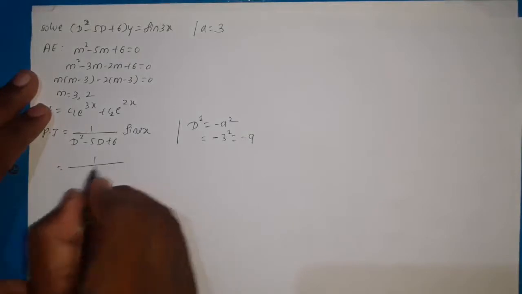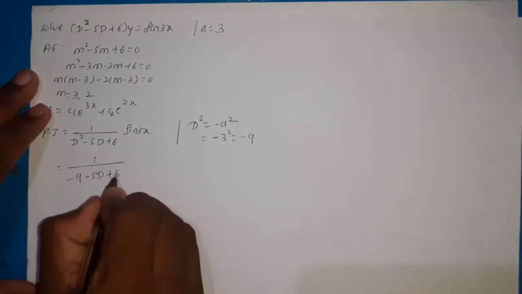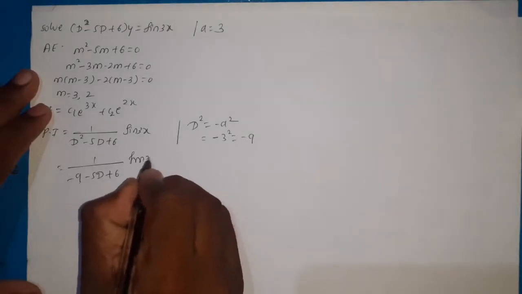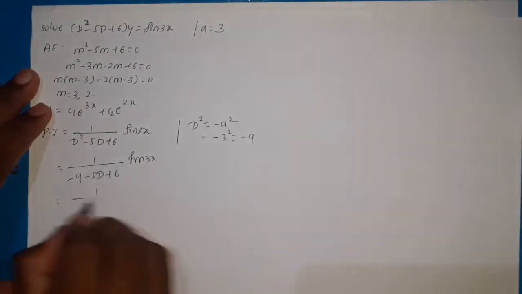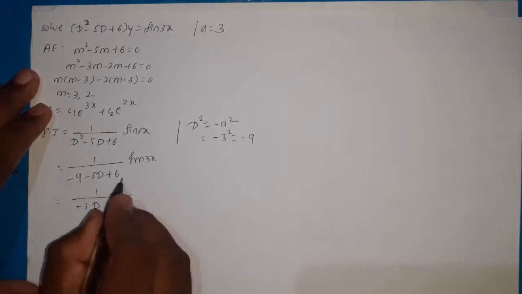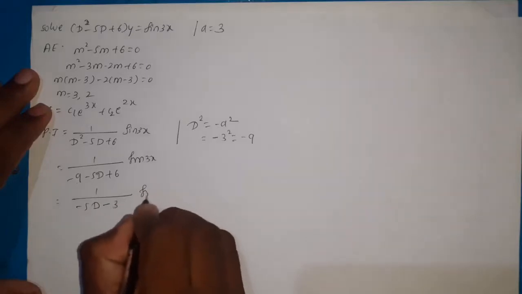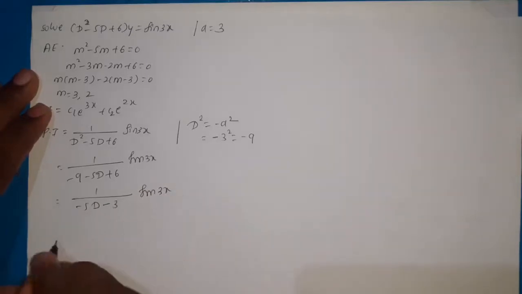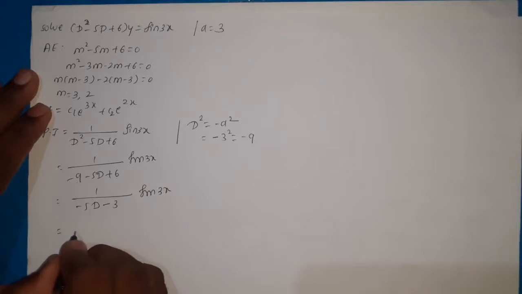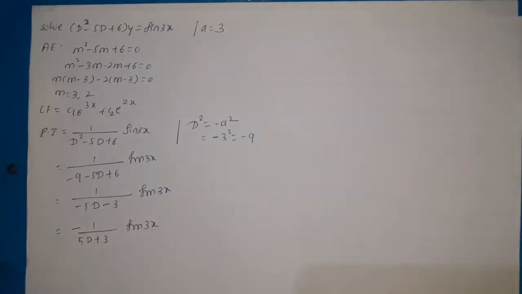Therefore 1 divided by (-9 - 5D + 6) sin 3x. Then minus 5D, and -9 + 6 becomes -3, sin 3x. By taking the minus common, we can write that as -1 divided by (5D + 3) sin 3x.